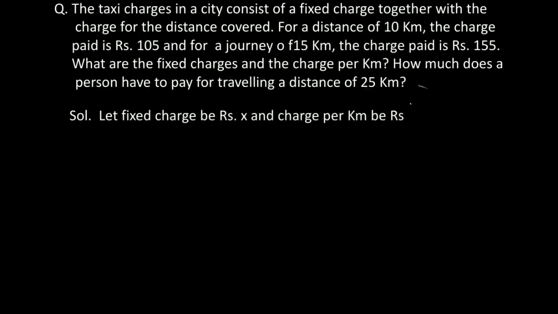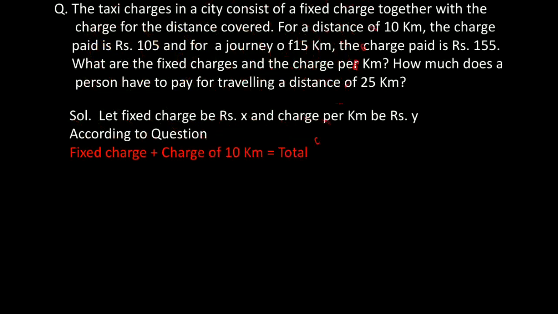Let the fixed charge be rupees x and the charge per kilometer be rupees y. According to the question, fixed charge plus charge of 10 km equals the total charge paid for 10 km.